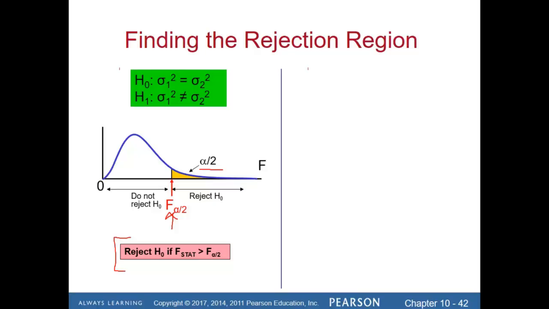Just looking at the null hypothesis, if I were to divide both sides of this hypothesis by the variance of population 2, I would get a ratio of variances on the left side, variance of population 1 divided by the variance of population 2, and just the value 1 on the right side. And so what we're really doing here is expressing the ratio of those two variances in the form of an F statistic.